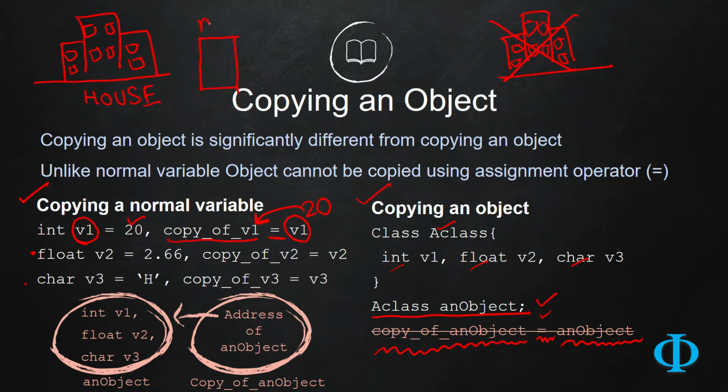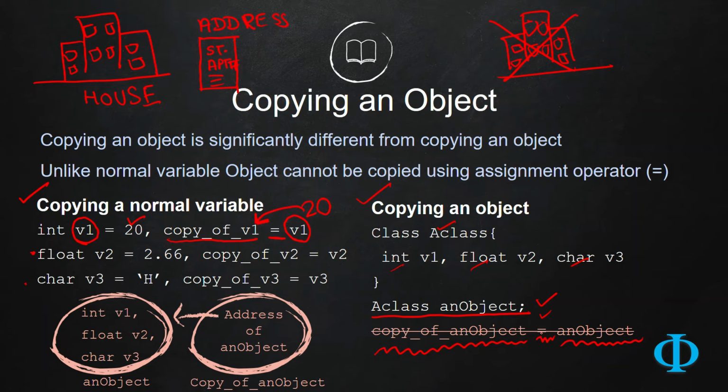But what it actually does is, let's say this is your address: street, apartment number, and all these things. This is basically your address.